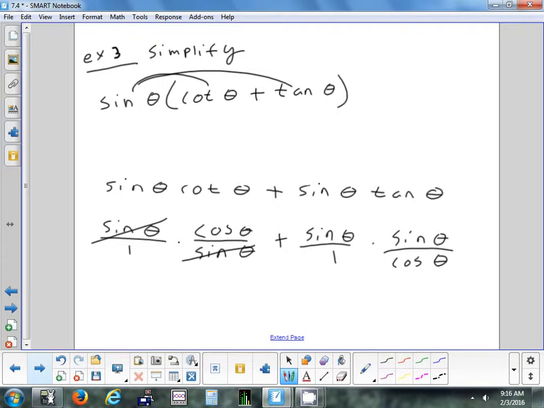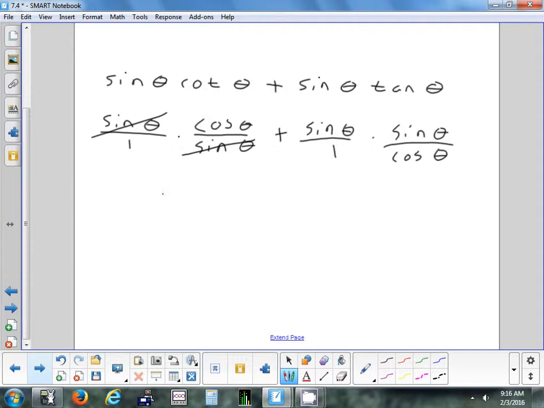That's pretty much all that happens there. So we end up with cosine. Denominator is just 1. Plus, what's sine times sine, you think? Yep, we get sine squared over cosine.